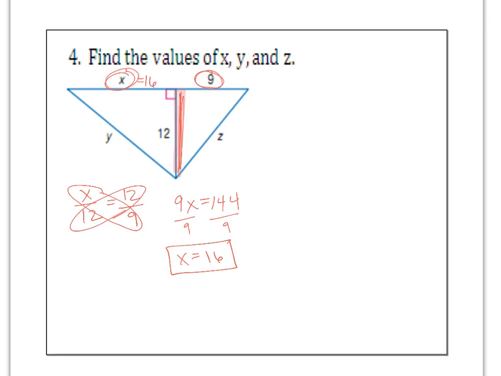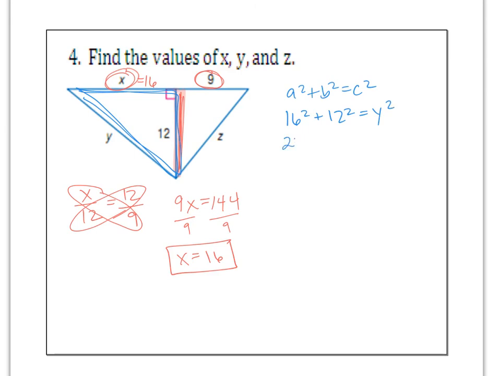Can we find y now? Think for a minute. How would we find y? If you're thinking, we can use this triangle over here on the left, and we could do a squared plus b squared equals c squared. We can do 16 squared plus 12 squared equals y squared.